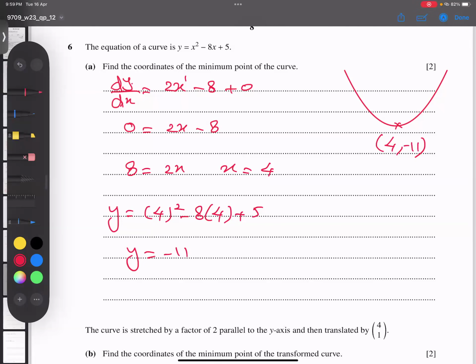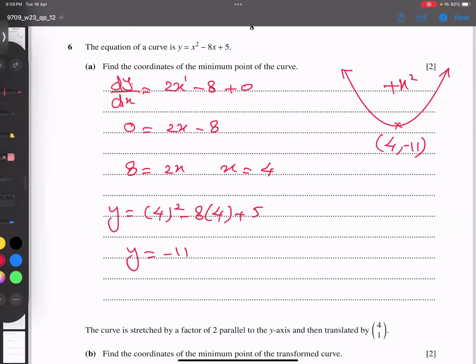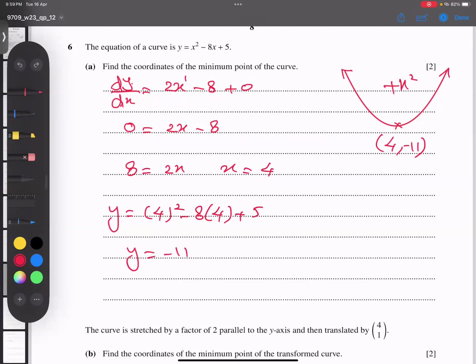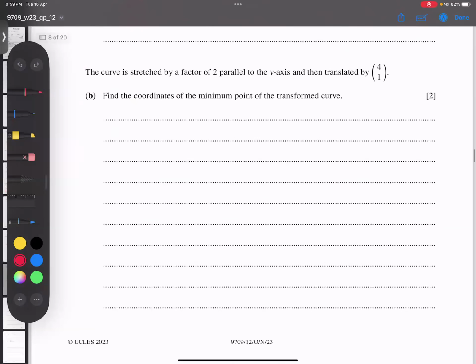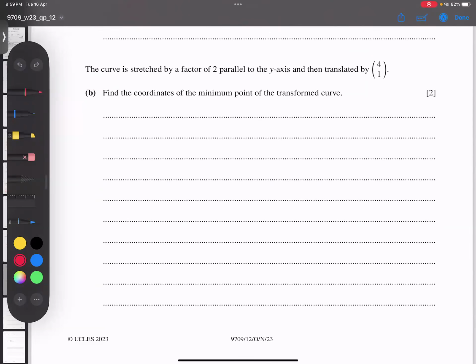So the stationary point is very, very clear. And there's a plus x squared. How do I know? Because the highest power is plus x squared, it is a point of minima. So this is done. Now the coordinate is coming 4 comma minus 11. Now he's saying this curve is stretched parallel to the y-axis by 2. So before I start, I want to tell some extra properties, otherwise we'll not understand.